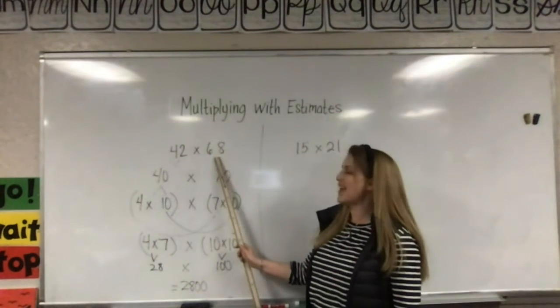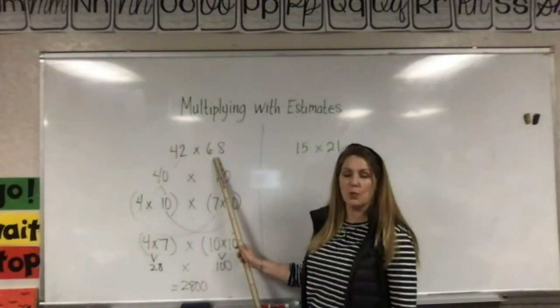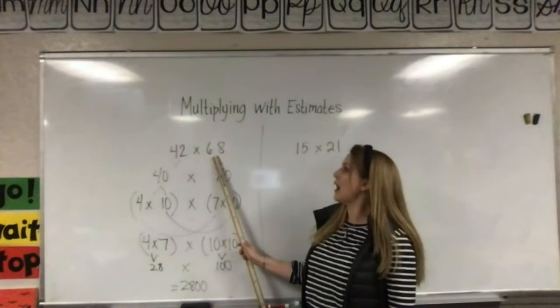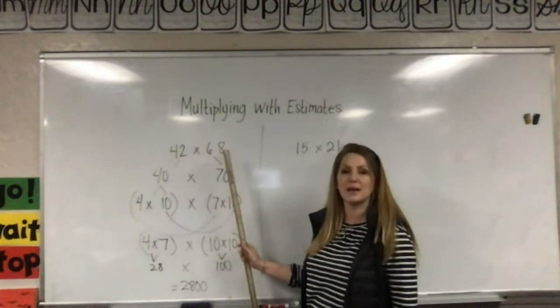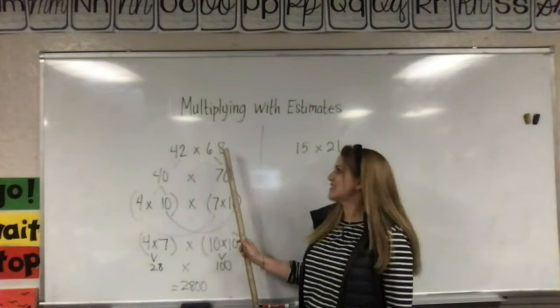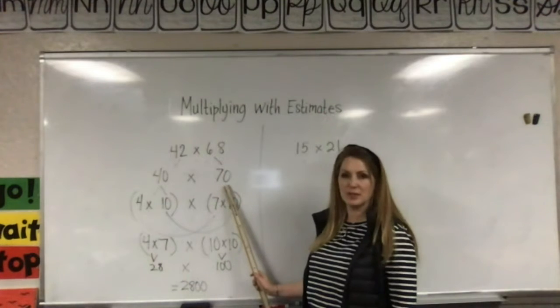For 68, we're going to round up. Why? Because it's 5 or more. We raise the score. 68 becomes 70.